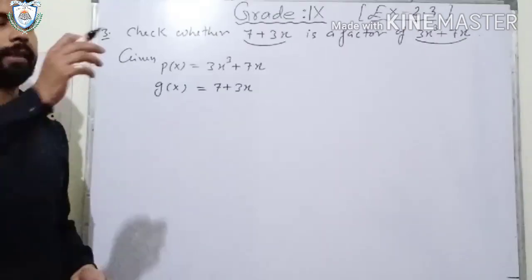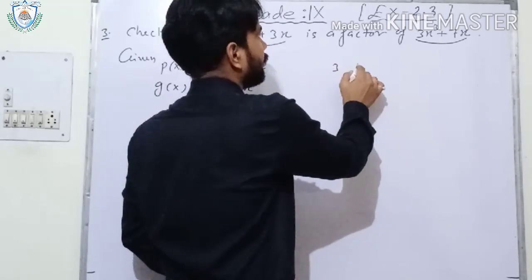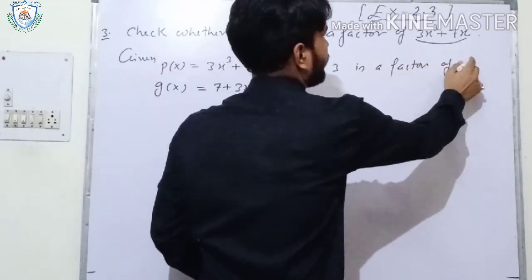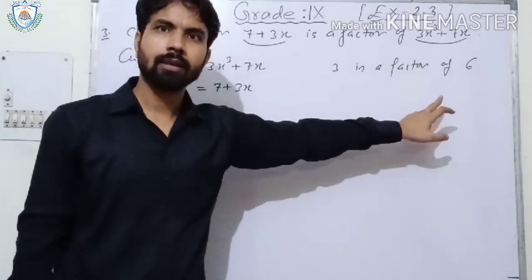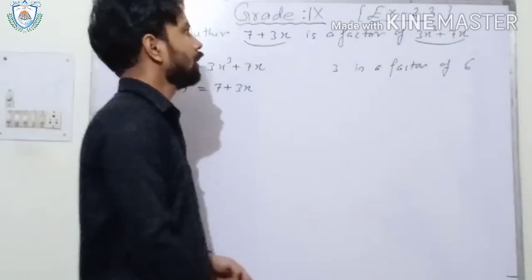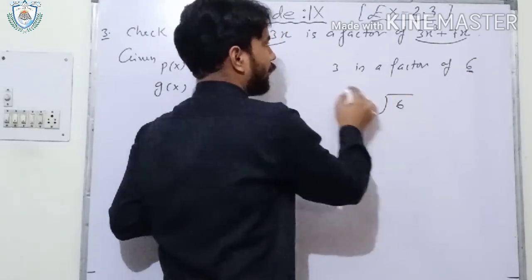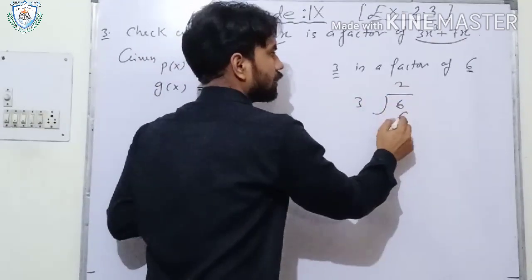Clear? Now see, we know that 3 is a factor of 6. You know that 3 is a factor of 6. Is it correct? Okay. So see, if we divide 6 by 3, then what will happen? 3 2s are 6.